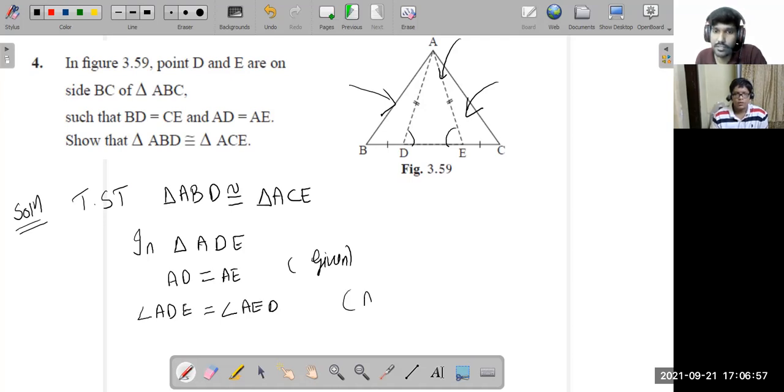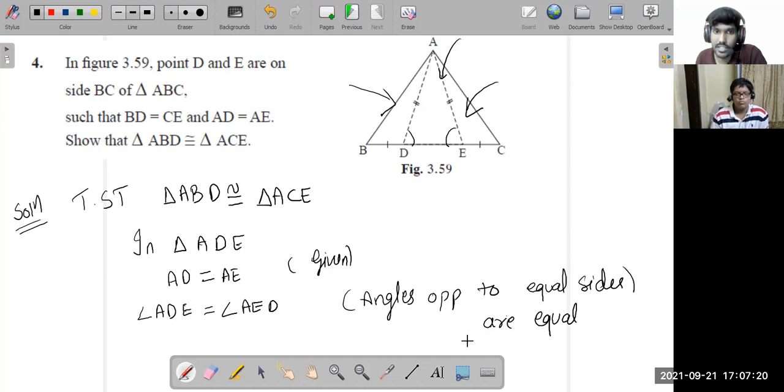Did you understand this? Yes, sir. So I'll write here: angles opposite to equal sides are equal.